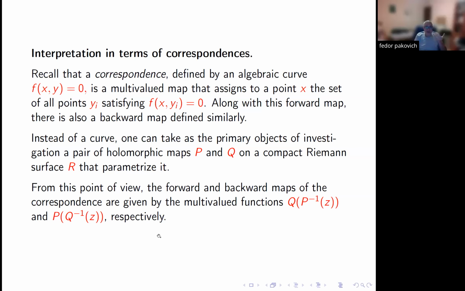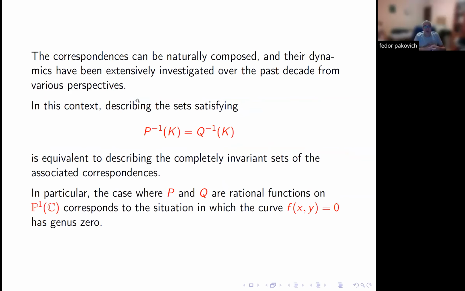And now the correspondences can be naturally composed, and their dynamics recently have been extensively investigated, from different perspectives, also in number theory or also as a kind of generalization of classical complex dynamics, and very many aspects you can find here.